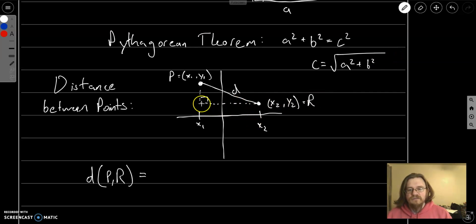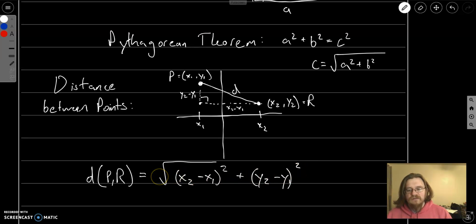So the length of this bottom side, the distance from this point to this point, is going to be how far over we go in x, which is x2 minus x1. So I'll square that. And if I want to know the height, I just have to look at the difference in the height between these 2 points, which is y2 minus y1, and I'll square that.